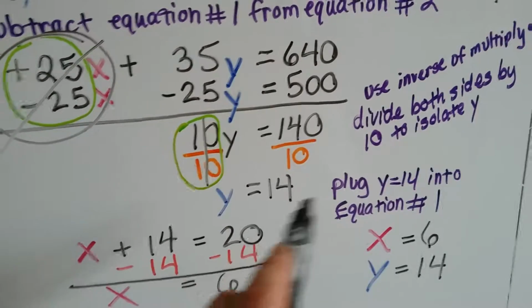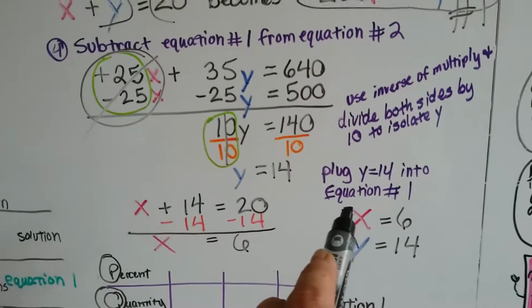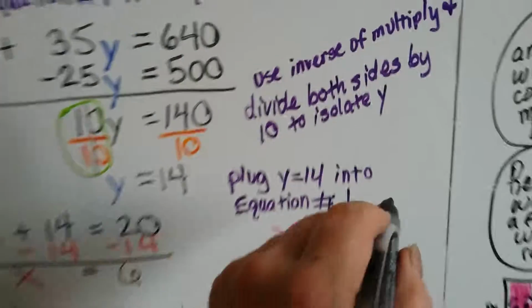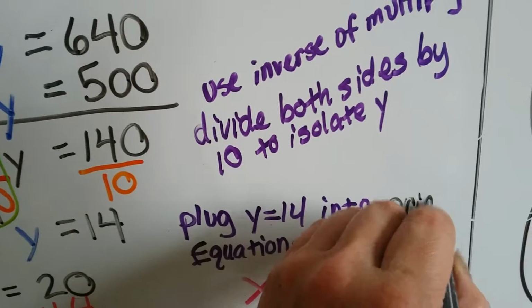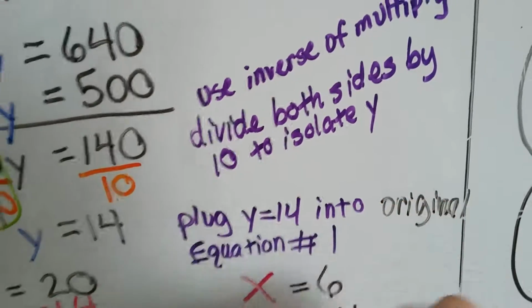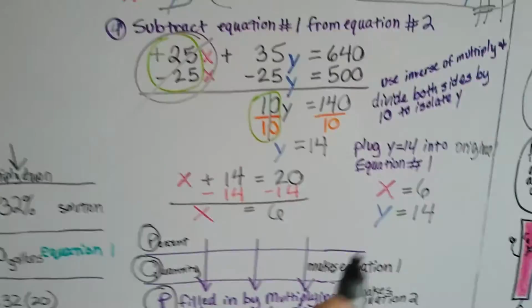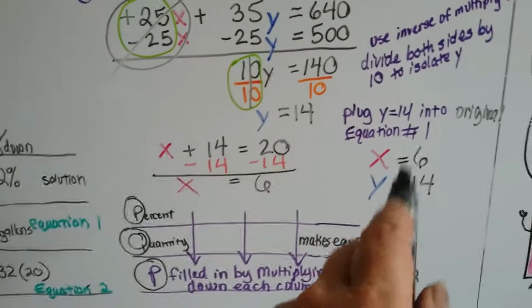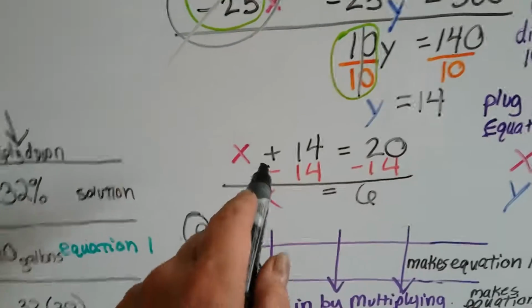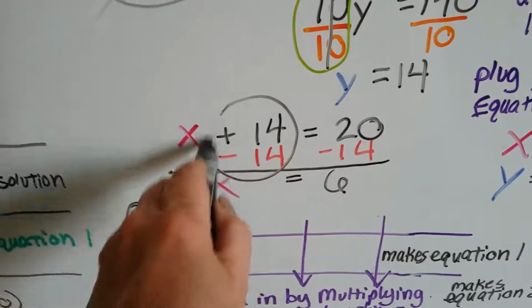So now we can plug y equals 14 into equation 1, into the original equation 1, okay? Remember the original equation 1 was x plus y equals 20? So now we're going to plug the y equals 14 into that equation, and look what happens. This creates a 0 pair, right?